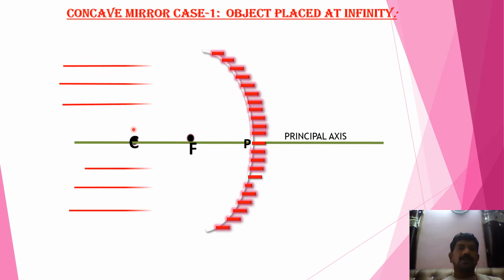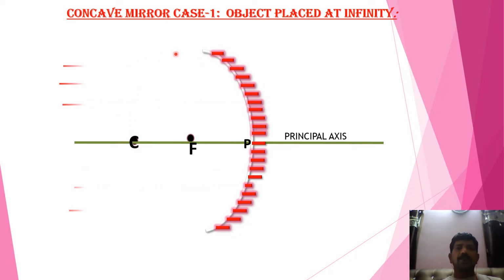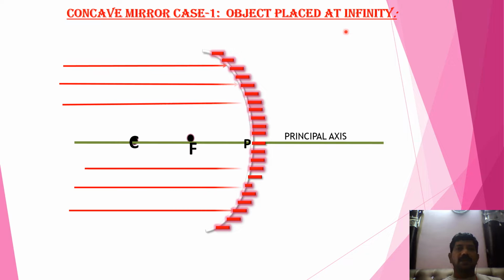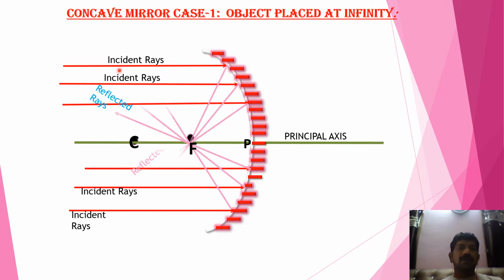So the first case is when the object is placed at infinity. All the rays that are coming from infinity are parallel to each other. So these rays, after striking the concave mirror, get reflected and meet at a point on the principal axis.